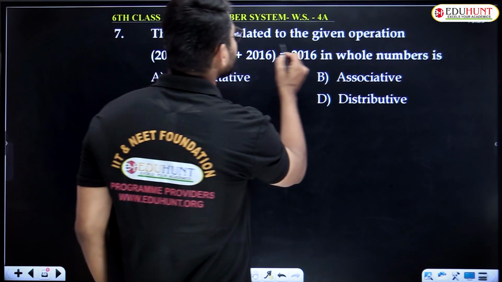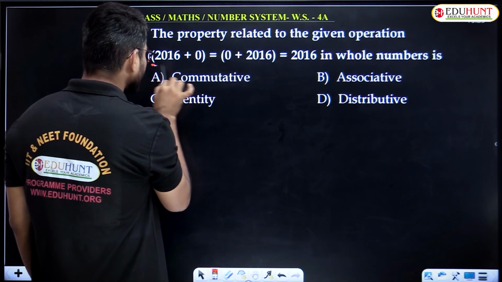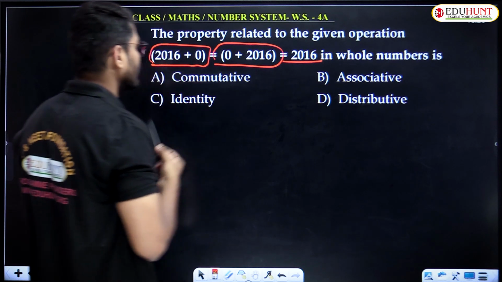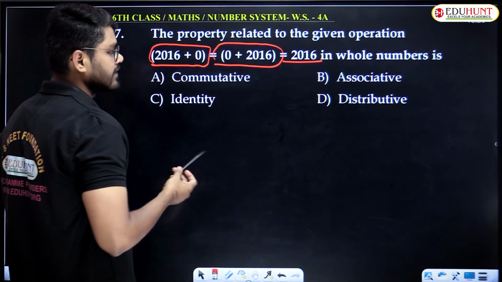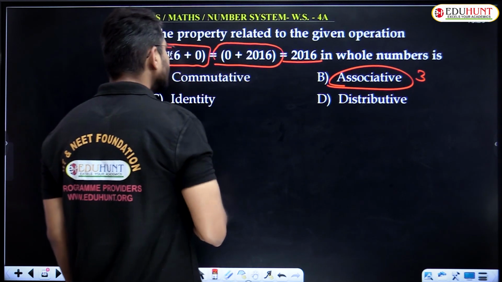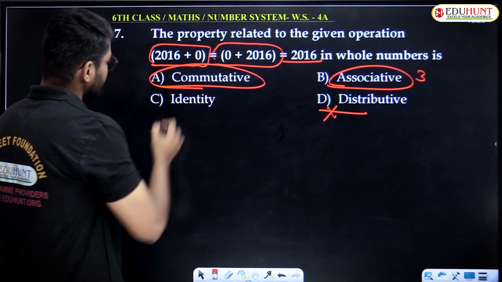The property related to the given operation: 2016 plus 0 and 0 plus 2016 is equal to 2016 in whole numbers. Directly we can see, associative means 3 numbers should be present. Distributive, not at all possible. And commutative property, identity.